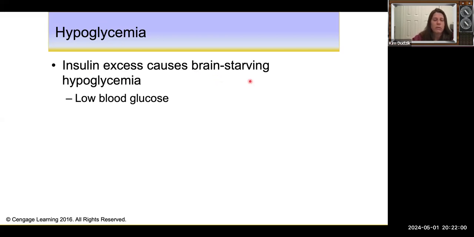And so this might be referred to as brain starving hypoglycemia. And again, sometimes we might notice symptoms like being lethargic, not being able to think well, or other muscle control issues because the motor system isn't working correctly. So sometimes we see other symptoms that indirectly point to this.